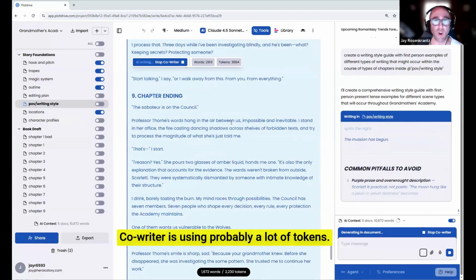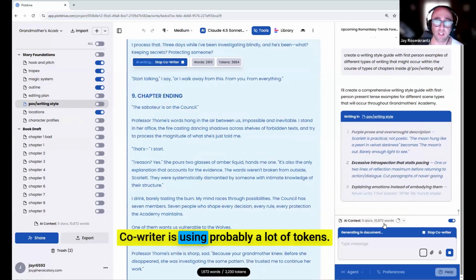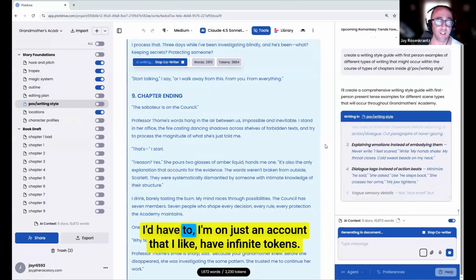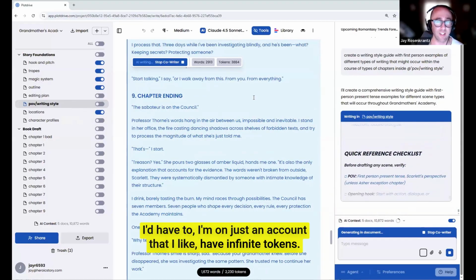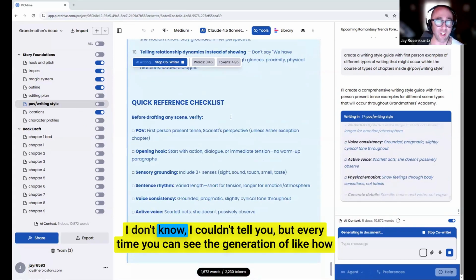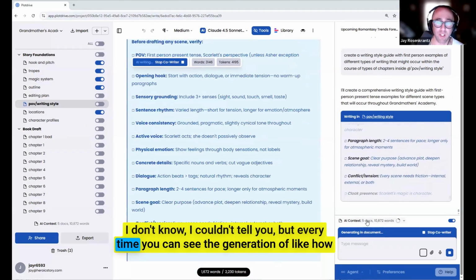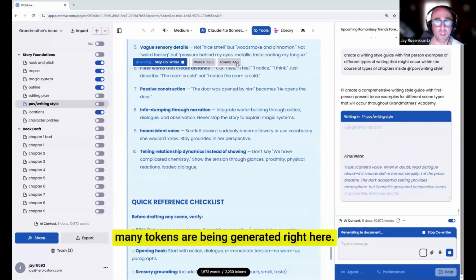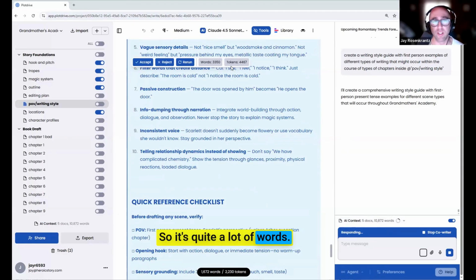It's building this thing. Co-writer is using probably a lot of tokens. I'm on just an account that I have infinite tokens, I couldn't tell you, but every time you can see the generation of how many tokens are being generated right here. So it's quite a lot of words.